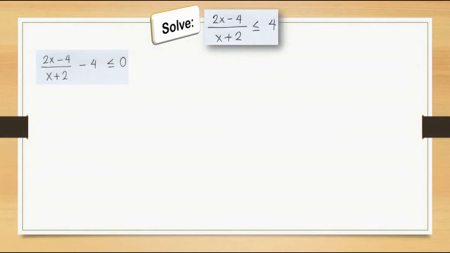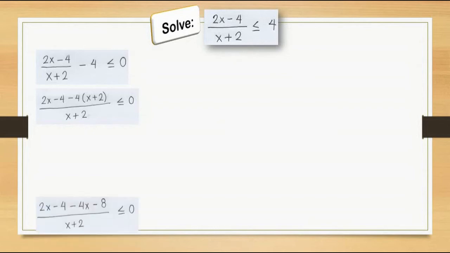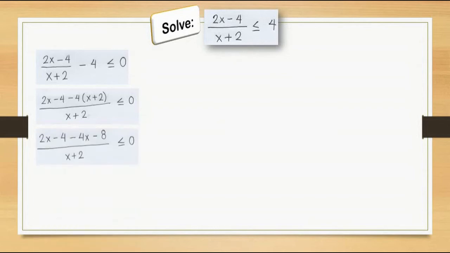So this becomes (2x minus 4 minus 4 multiplied by (x plus 2)) over (x plus 2) is less than or equal to 0. Then, we're going to distribute negative 4 to x and 2. So this becomes (2x minus 4 minus 4x minus 8) over (x plus 2) is less than or equal to 0.